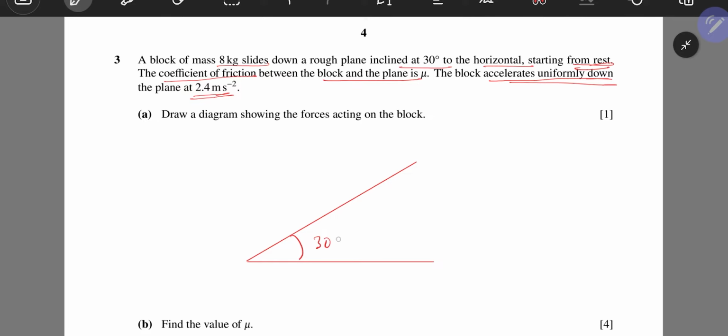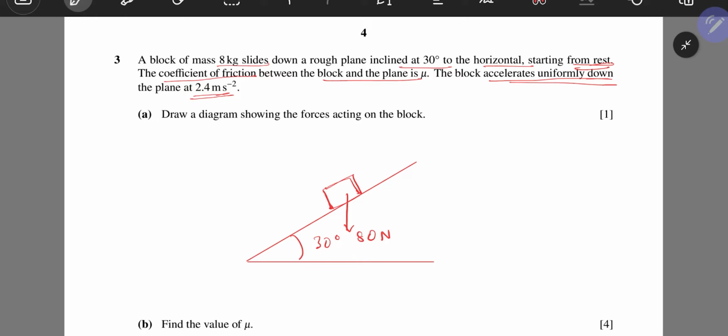So a 30-degree angle for the slope and a block of mass. I'll just draw a block like this. Block of mass 8 kg slides down a rough inclined plane. Forces acting: its weight, 80 newtons.